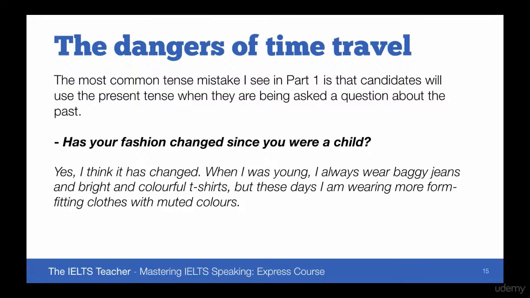Now, as you can see, hopefully, there are a couple of problems with this answer, problems that are very, very typical of the candidates. Both of these problems are related to tense and they use the same verb.